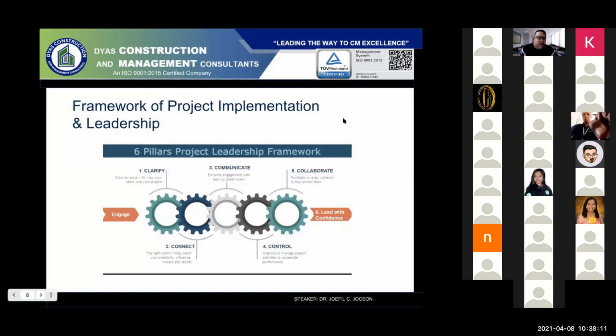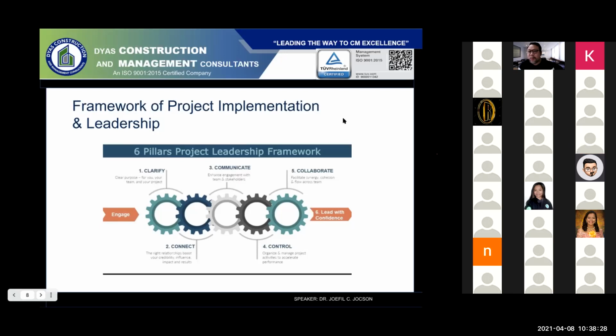So then next, there will be a connection. We need to connect with each other. Hindi tayo pwedeng CM to CM lang, or CM to contractor, but of course tatlo.